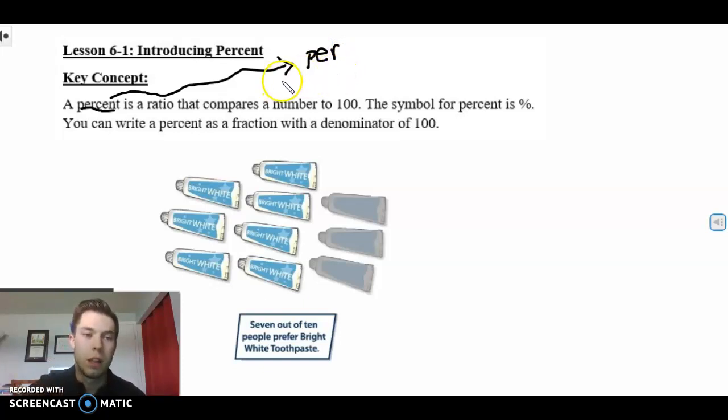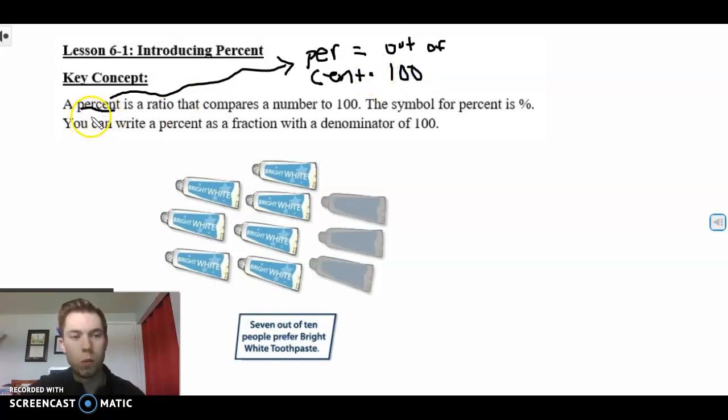In this case, the word per means out of. And the word cent actually means the number 100. So what this really breaks down to, this word means out of 100.